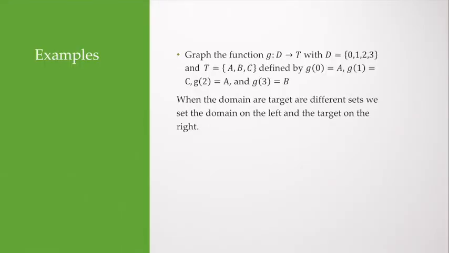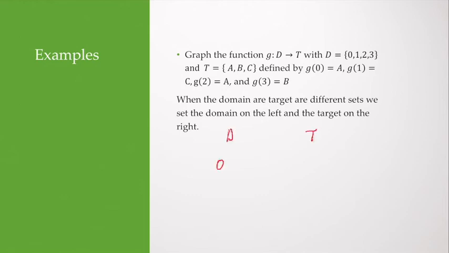Next, what if I graph the function d to t, where d is 0, 1, 2, 3, 4, and t, our target, is a, b, c. And I have it defined where each element maps to. When the domain and the target are different sets, we set the domain on the left and the target on the right.